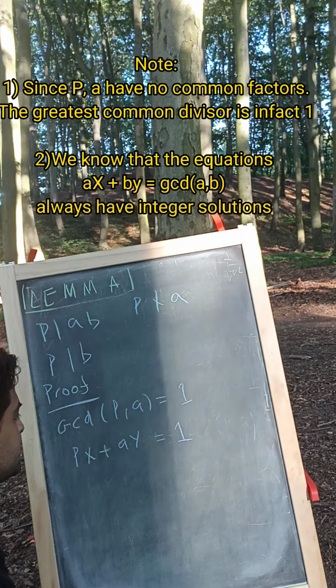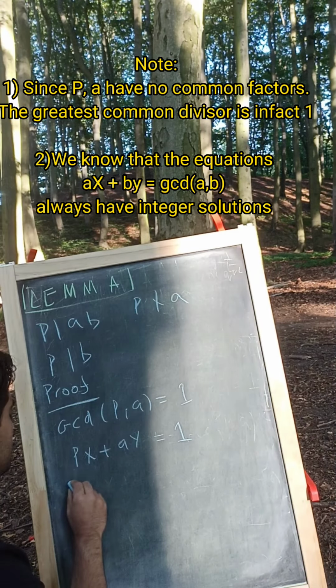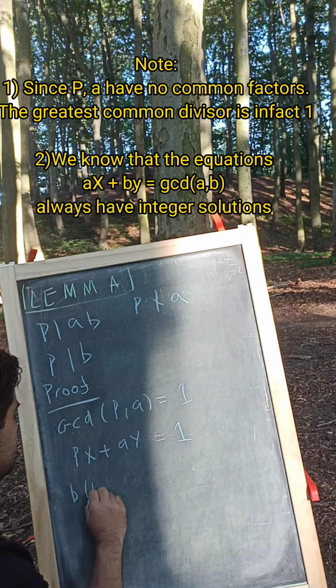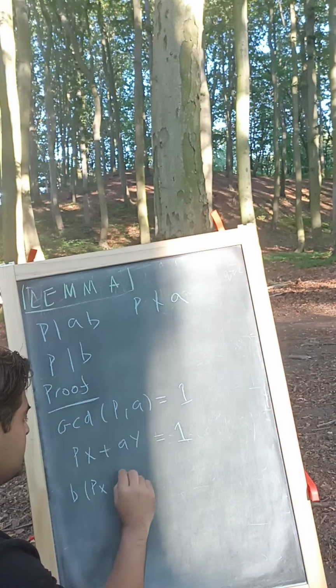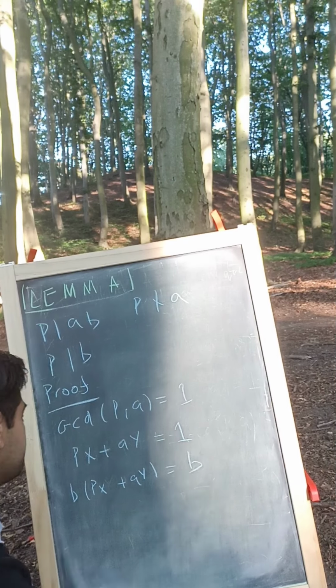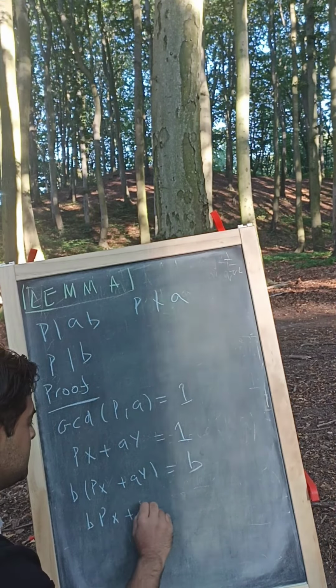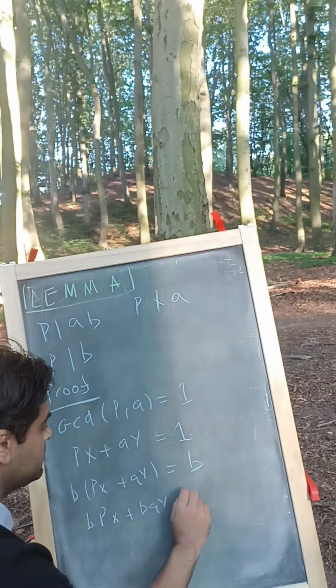But now notice that we can just multiply this expression by B, and we will get B times (Px plus Ay) is equal to B, which can be written as Bpx plus Bay is equal to B.